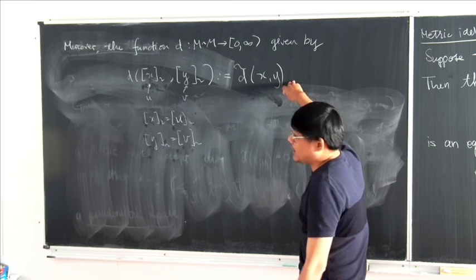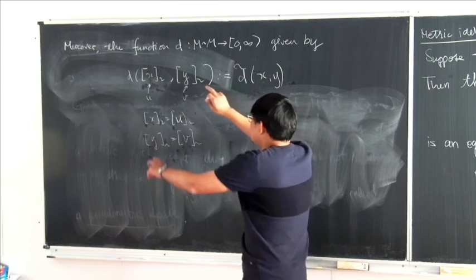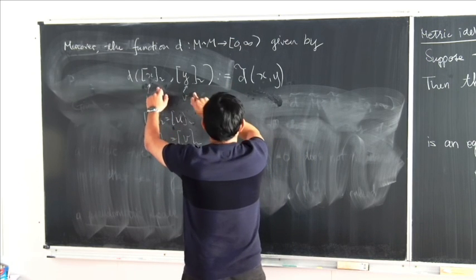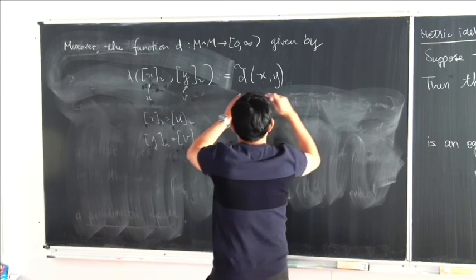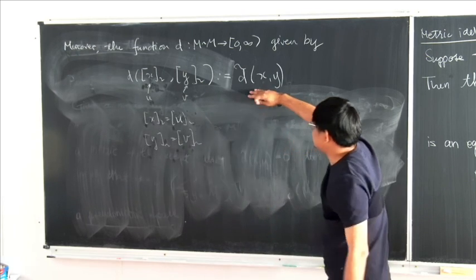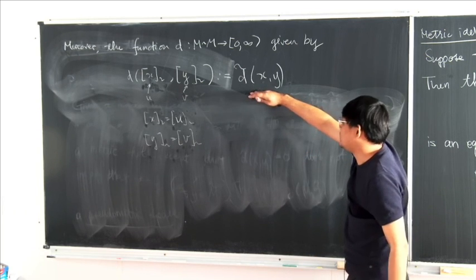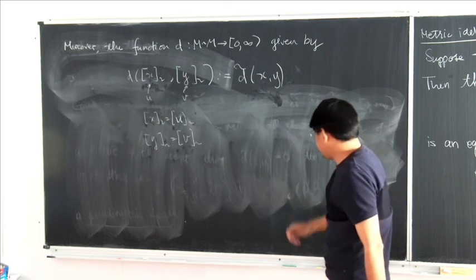So this is well defined. No matter what representative you choose from these two classes, you get a consistent value. You will get the same value here. So this is well defined.